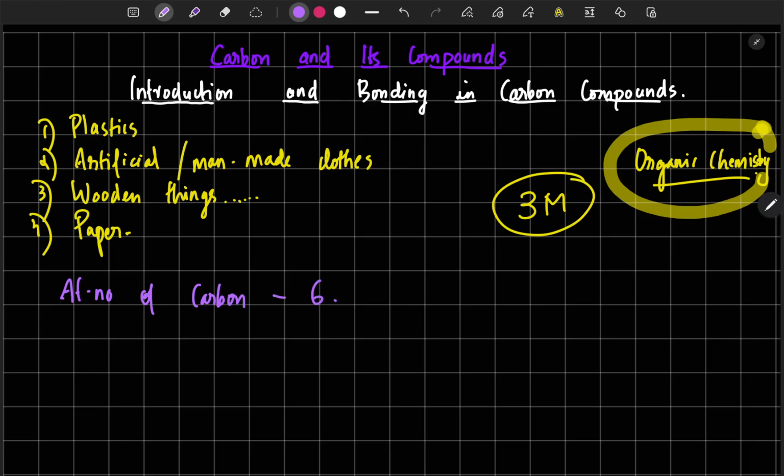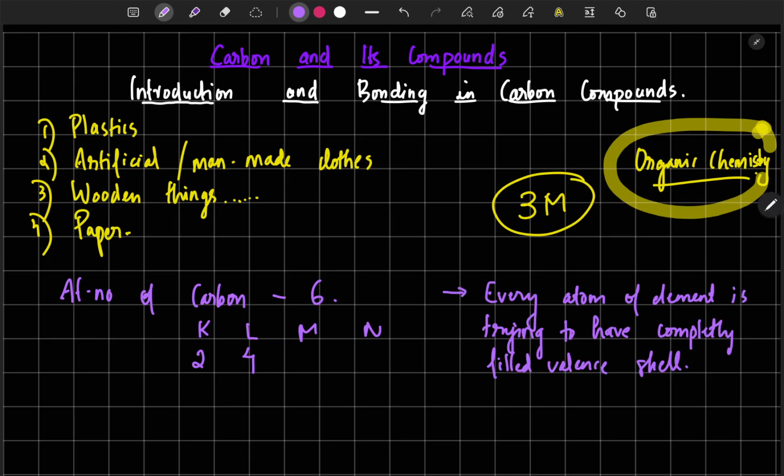I think you might be able to fill these 6 electrons into the K, L, M, N shells. How will you do that? K shell can maximum accommodate 2 electrons, and L shell can accommodate 4 electrons here, so total 6 electrons. Every atom is trying to have a completely filled valence shell.